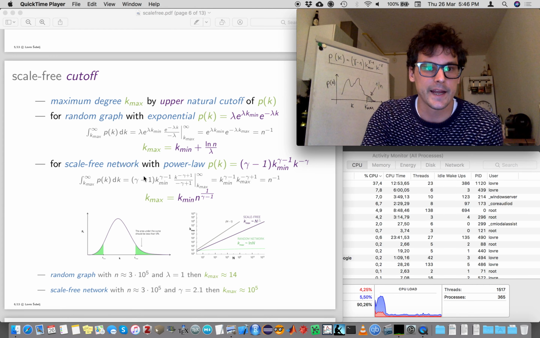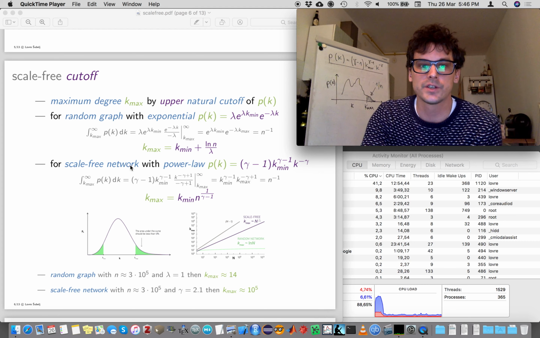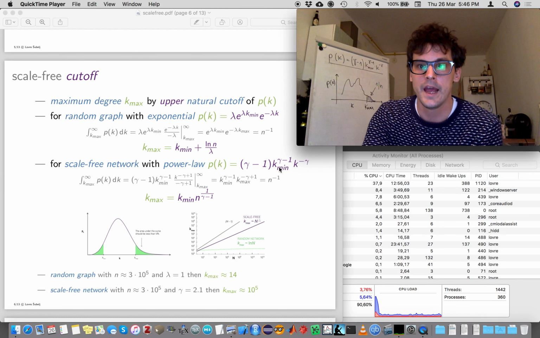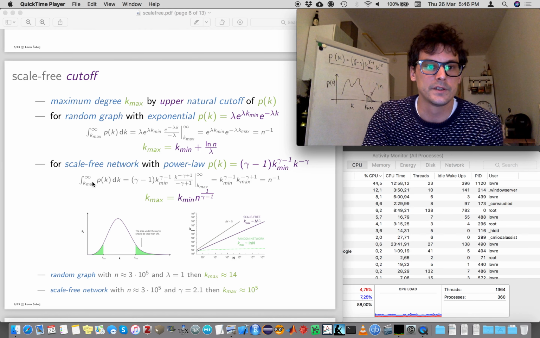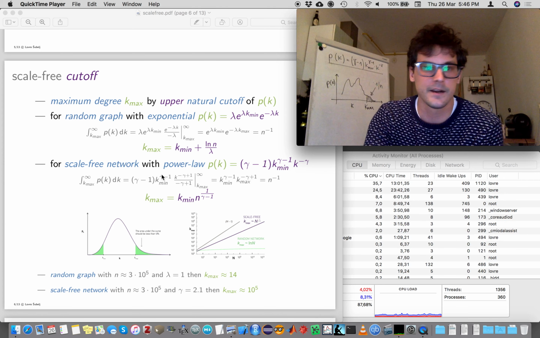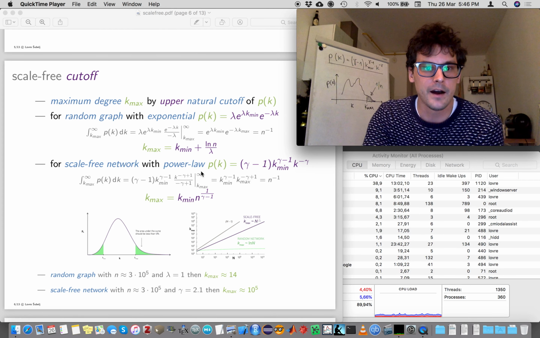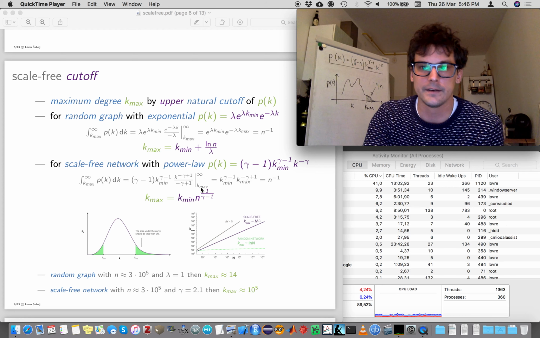However, on the other hand, if we do the same computations for a scale-free network that has a power law degree distribution that we have already derived, we again compute the integral between k sub max and infinity. So this is simply the indefinite integral of some polynomial. We again evaluate it at upper and lower bound.